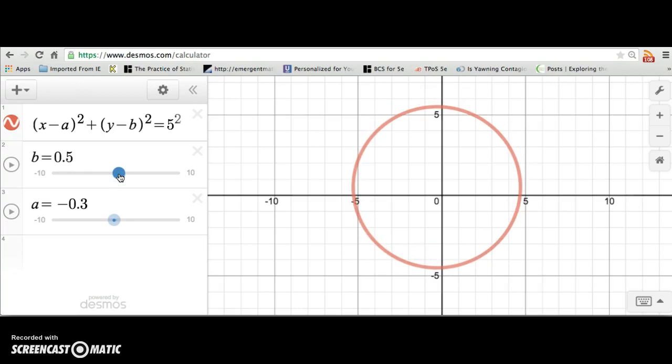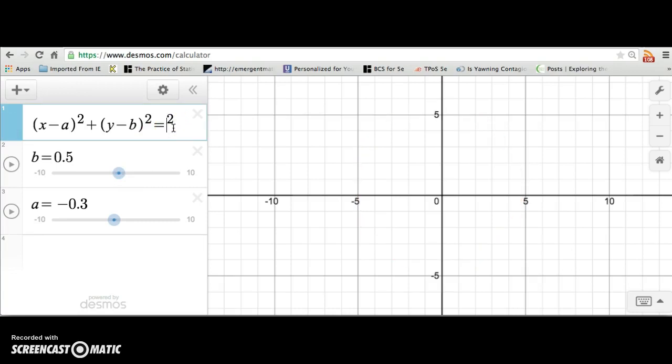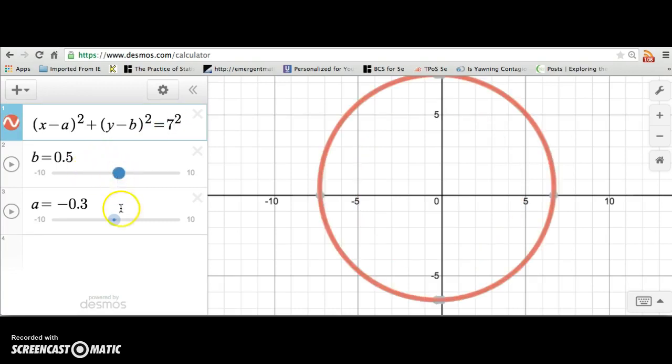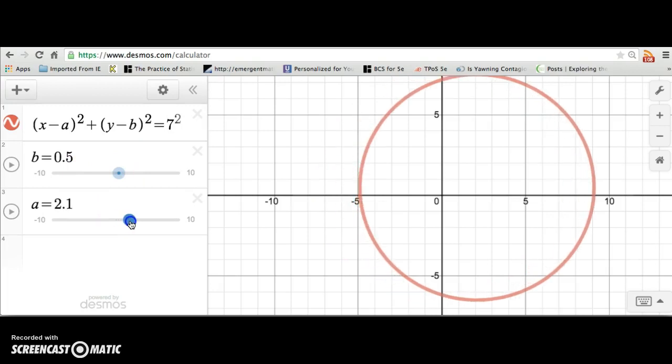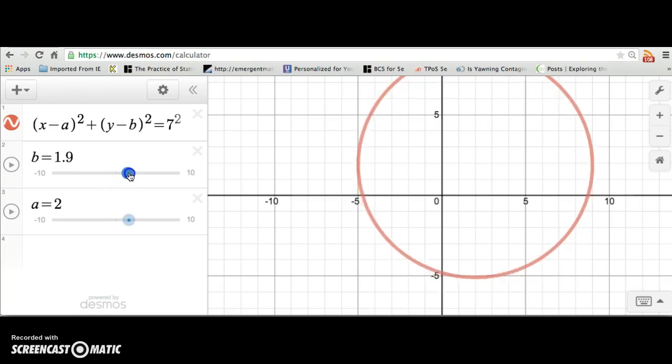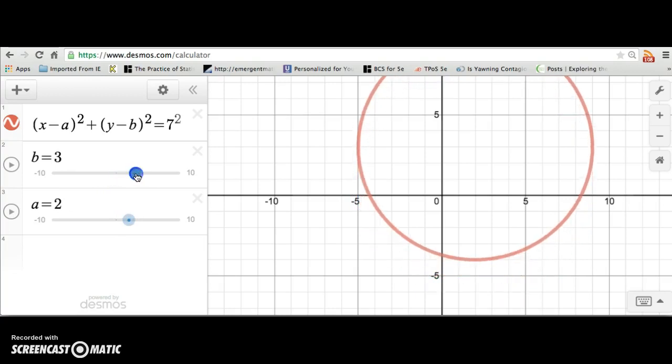So what do you think a circle would look like if it was centered at 2, 3 and had a radius of 7? Let's see. It was centered at 2, 3 and had a radius of 7. So right now the center's at the point 2, 3.